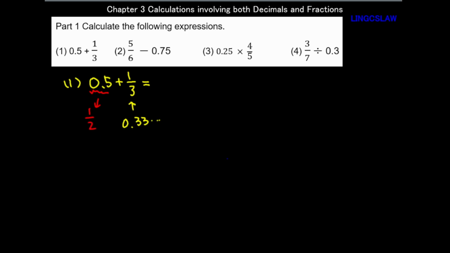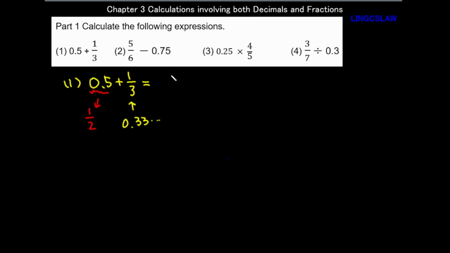Because this 1/3 is a repeating decimal, 0.3333 with the 3 repeated infinitely, it's better to choose using fractions.